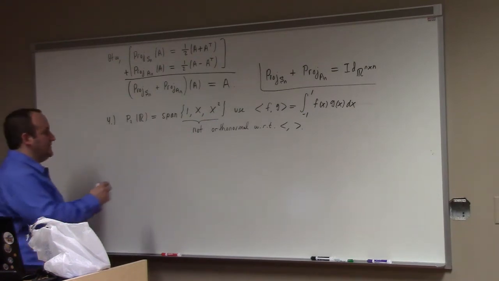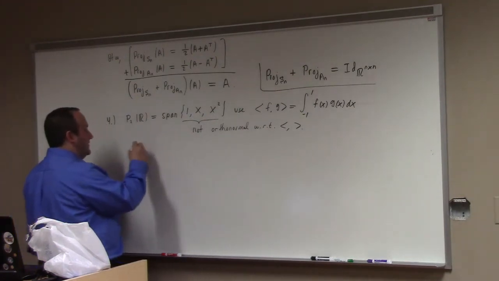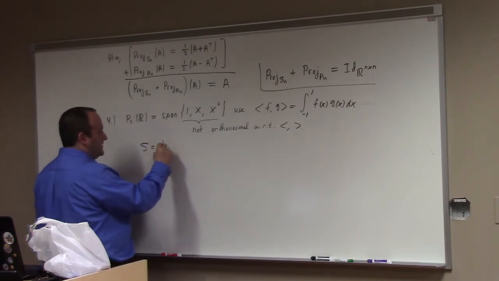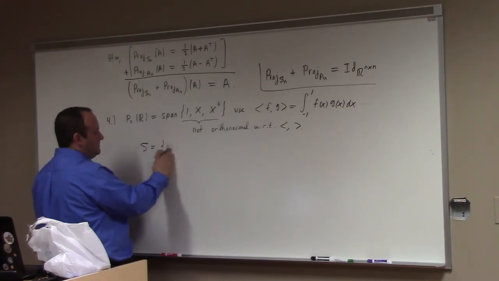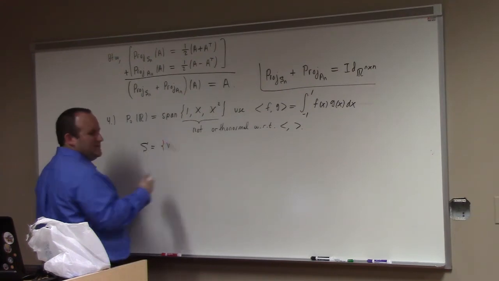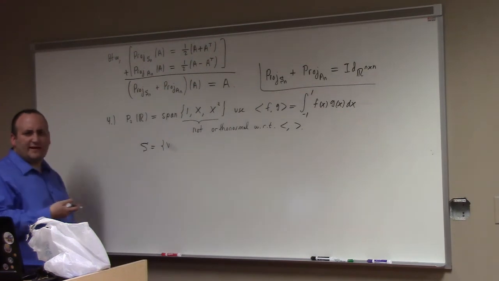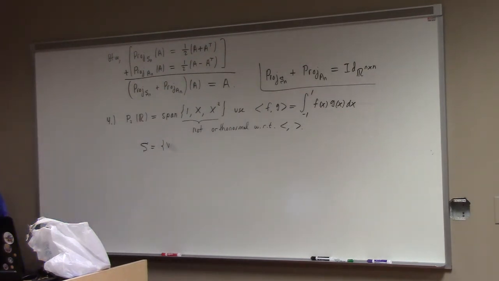So the set I'm starting with, let's say, I forget what notation I used with you guys in class for the Graham-Schmidt algorithm. What were the letters I started with, the original set? S's, okay.